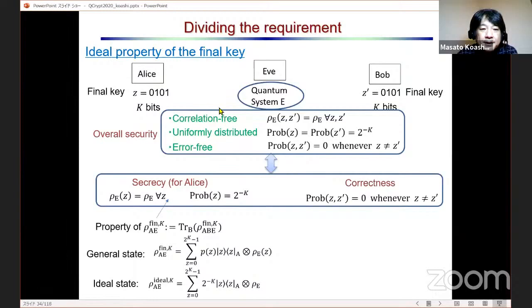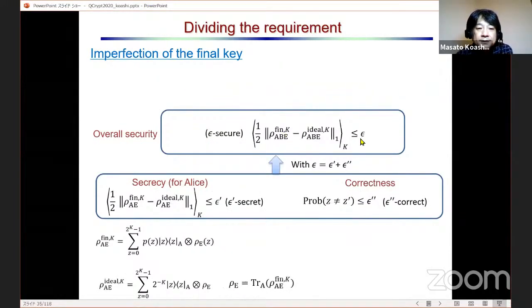Okay, in the ideal case, I separated the whole condition into secrecy for Alice and correctness. A similar thing can be done for this epsilon security. You can define the epsilon secrecy for Alice, which is only concerned with Alice's key. So forget about Bob's key, but use a similar condition here.